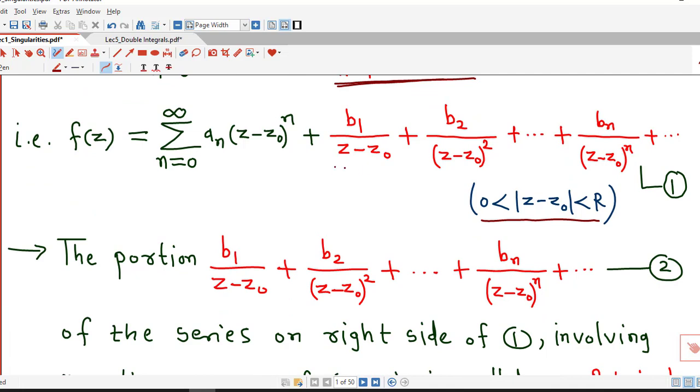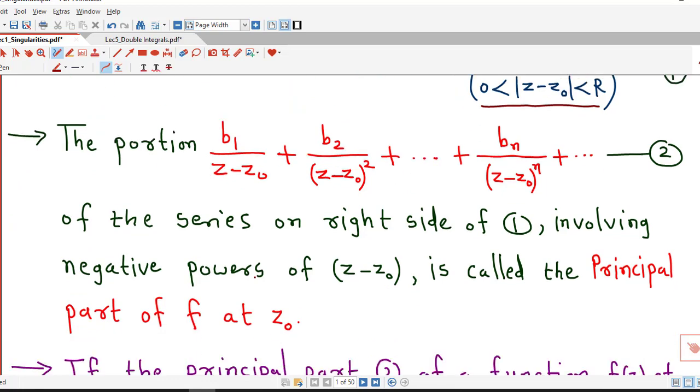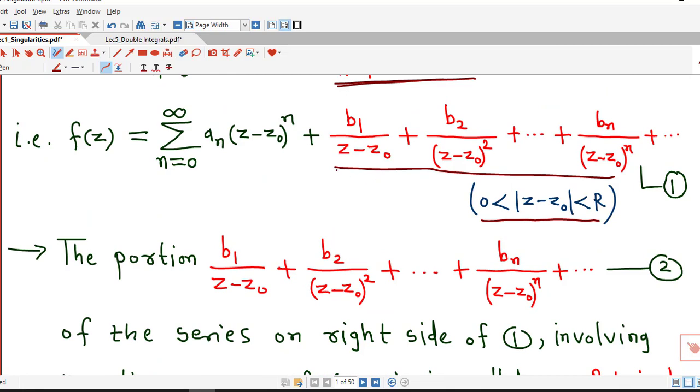Now this portion, as we discussed, contains negative powers of z minus z0, and it is known as the principal part of our function at z0. So here we have written the portion of this series on the right hand side of 1.